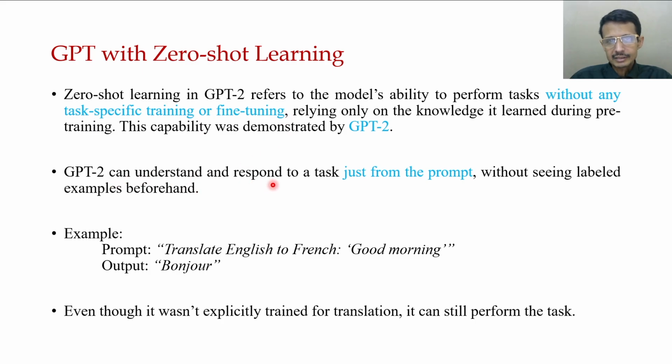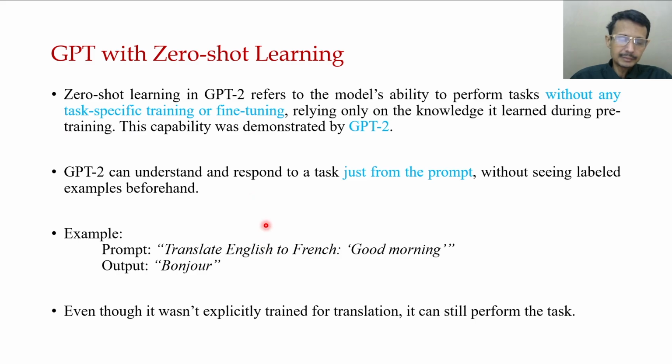GPT-2 can understand and respond to just a prompt without seeing labeled examples before. So it is so powerful. Here it is: translate English to French, good morning. This is the output. So even though it was not explicitly trained on translation, it can still perform the task.